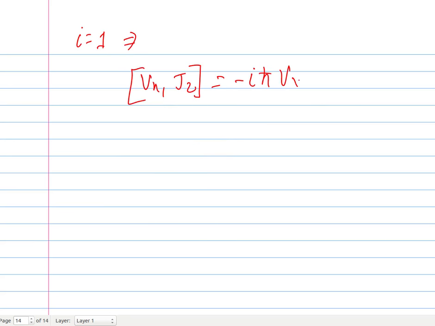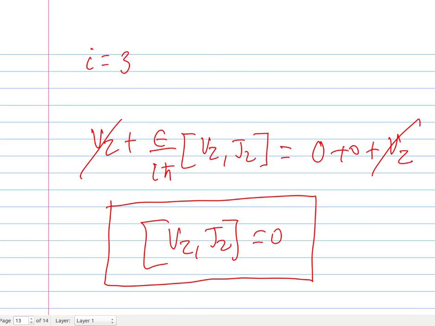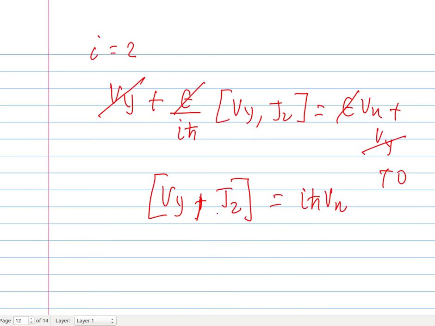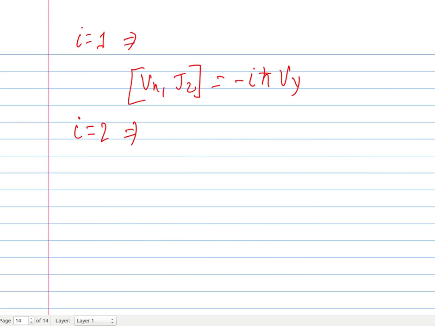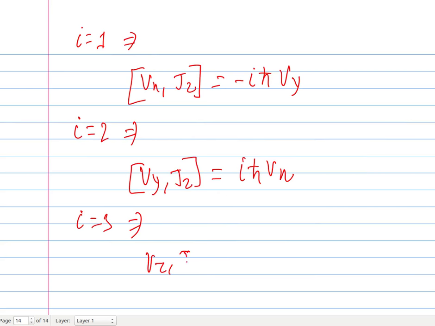For i equal to 2, I get Vy commutation Jz equal to i h bar Vx. And for i equal to 3, I get Vz commutation Jz equal to 0.